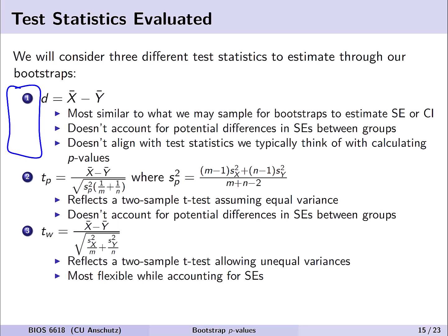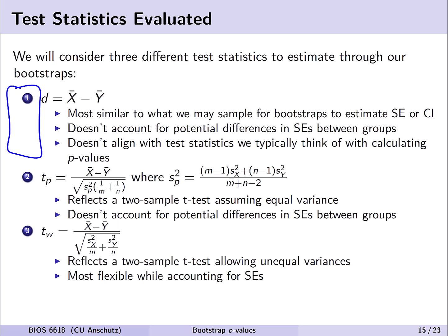The challenge here, especially if we're thinking about this in terms of a p-value and maybe its potential analogs to a t-test, is that this statistic actually doesn't account for any potential differences in the standard errors between groups. So we're just really looking at the means, and we don't account for the fact that there might be potential variability also driving the difference or lack thereof. Also, one limitation with this is that it doesn't really align with test statistics we typically think of when calculating p-values.